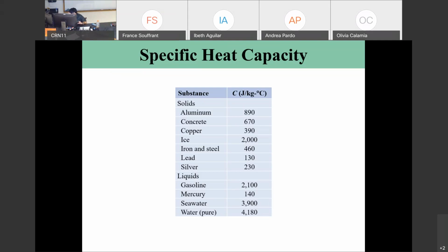Those constants are always going to be given, so that's fine. But what's the meaning of that constant? It means that it takes 4,186 joules of energy to increase 1 kilogram of water by 1 degree Celsius.